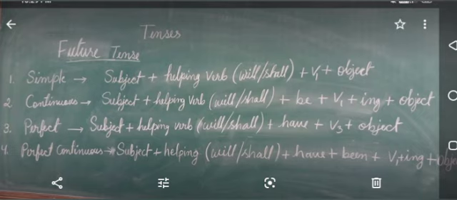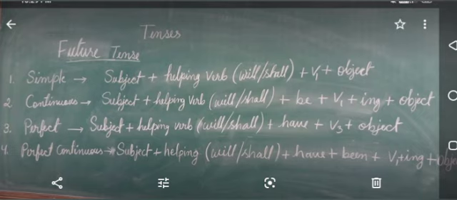Now the next we have is perfect continuous. The formula is subject plus helping verb will or shall plus have plus been plus first form of the verb with ing plus object, that is she will have been writing a letter for an hour.